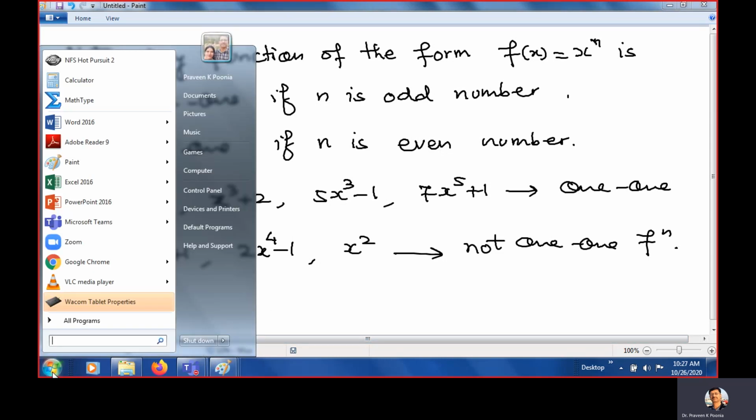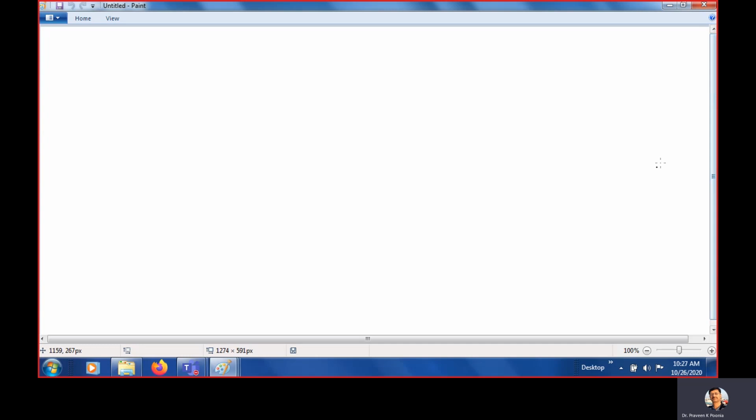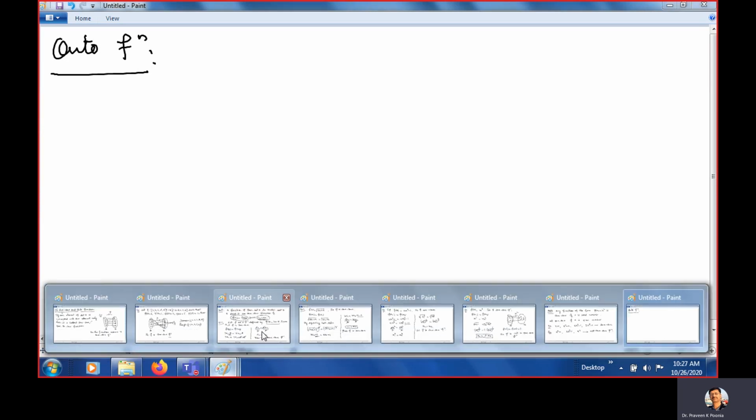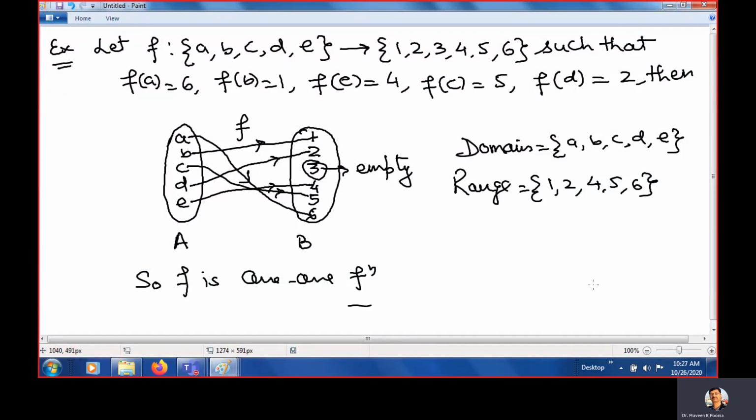Now we'll move to another topic, that name is onto function. Like the one-one function, we will study both the cases, in the form of sets and in the form of functions. So first, if I take the example we discussed here, onto means not empty.